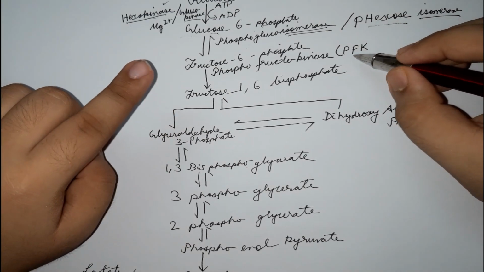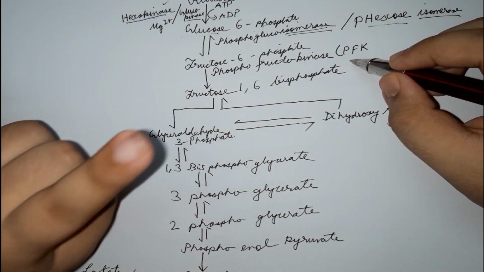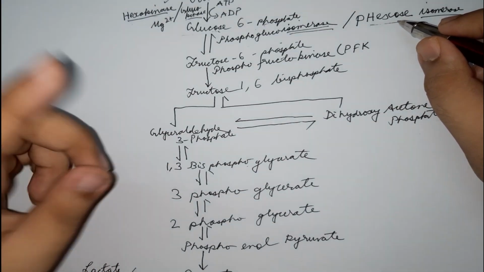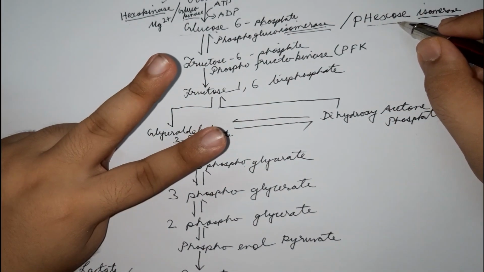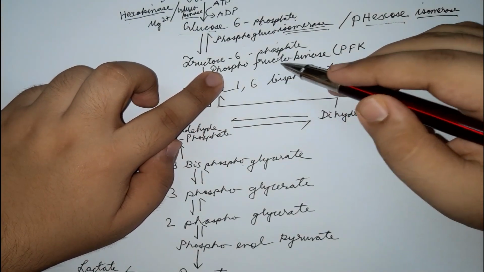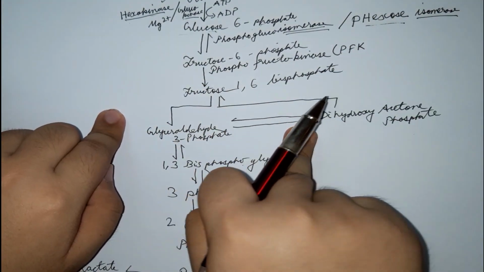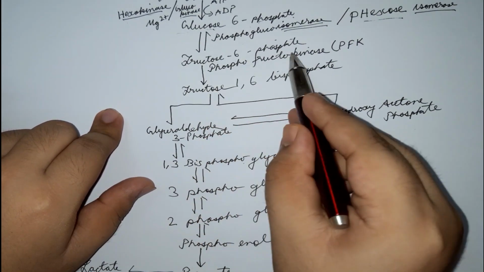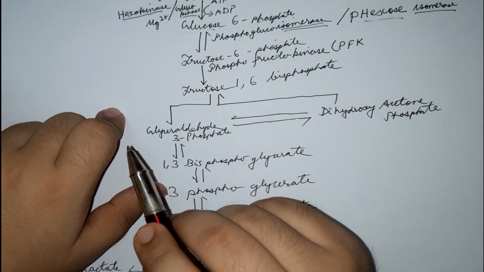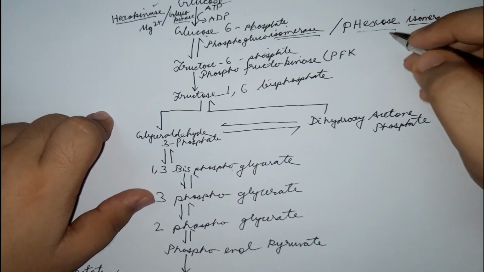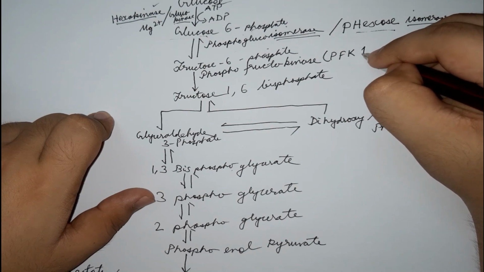One is called PFK1 and the other is called PFK2. PFK1 and PFK2 are isozymes of each other, right? Fructose 6-phosphate to fructose 1,6-bisphosphate. This reaction is carried out by the enzyme PFK1.